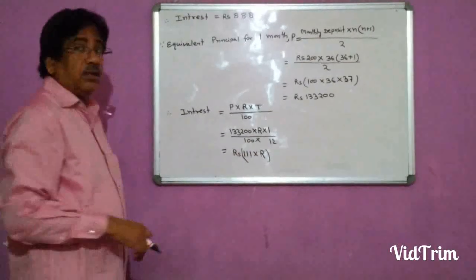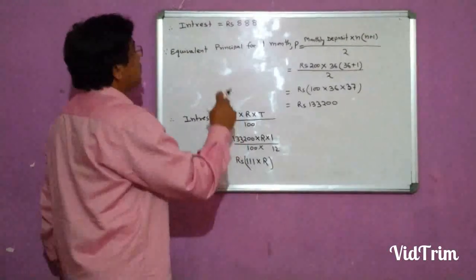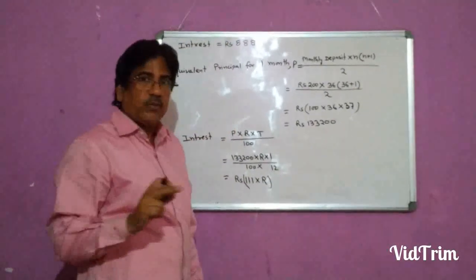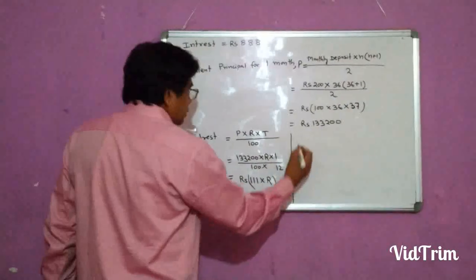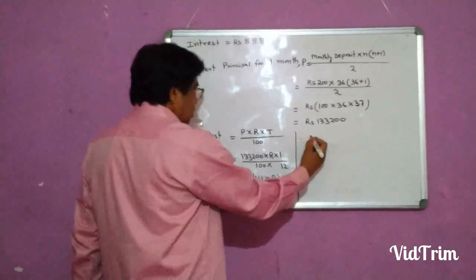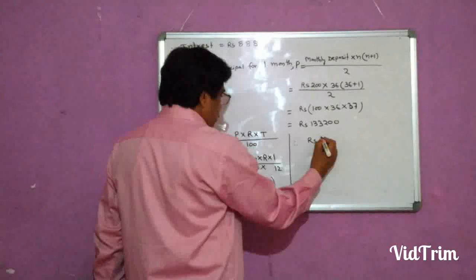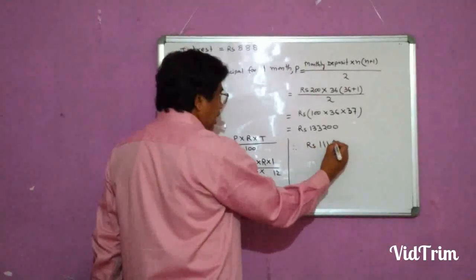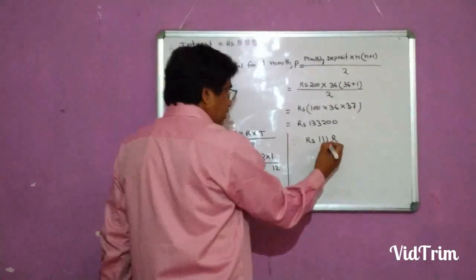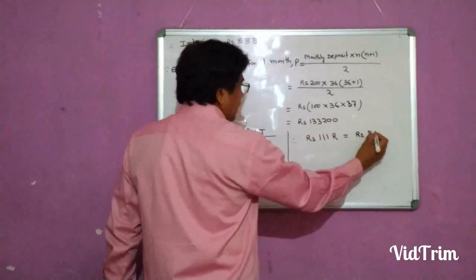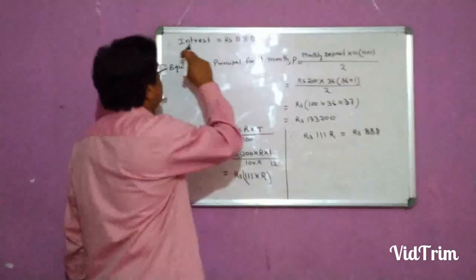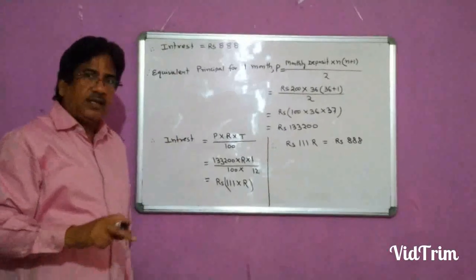But we know that the interest obtained is rupees 888. This we have already calculated. So now we can find out the rate percent. Therefore, now I can say that 111 R is equal to rupees 888, because already we have calculated the interest in the beginning, 888 rupees.